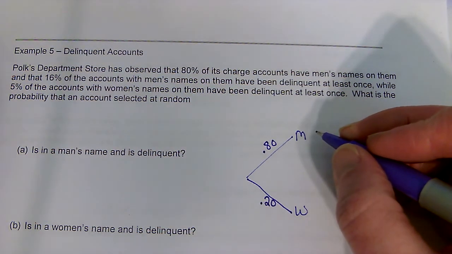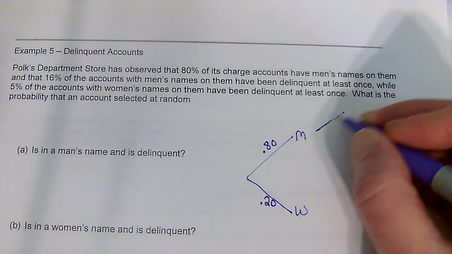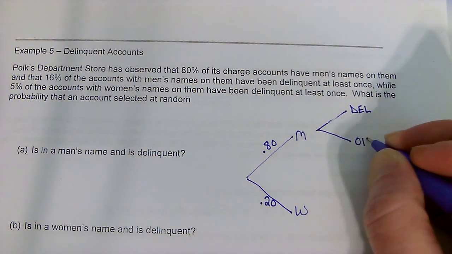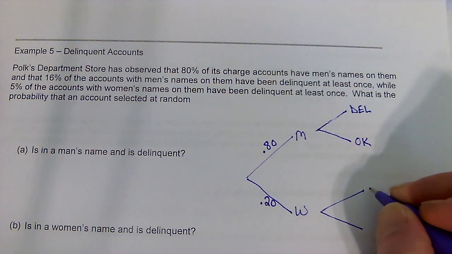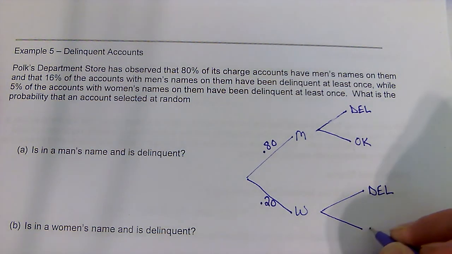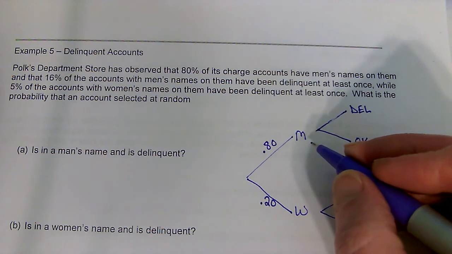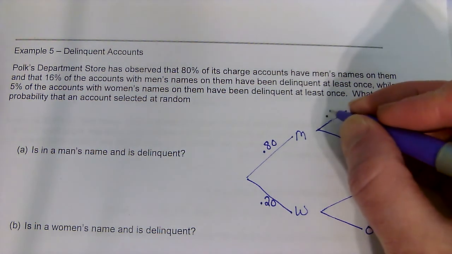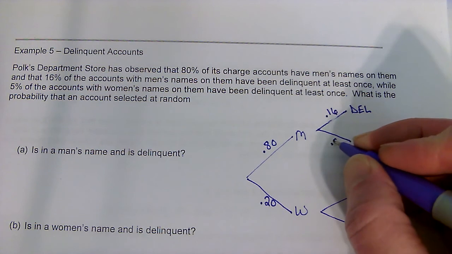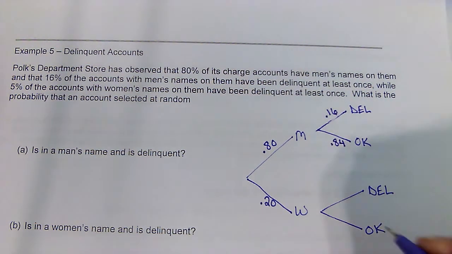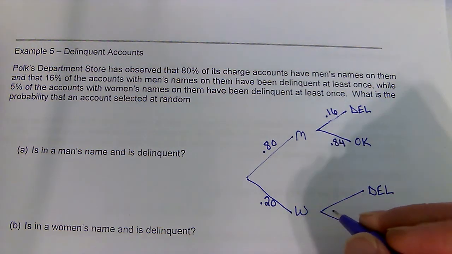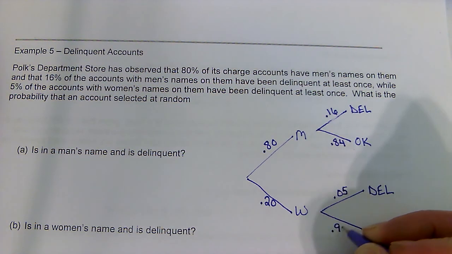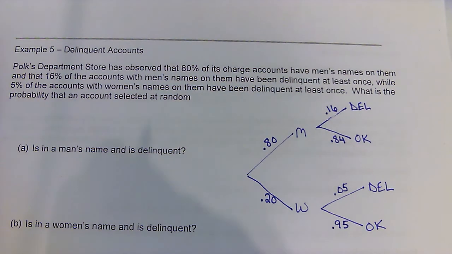Then we're looking at whether it's delinquent or not. So let's call this delinquent or okay. Delinquent or okay. If we know it's a man, what's the percentage of men that are delinquent? Well, that's 16%. So 84% would be okay. What about the women? So it says 5% are delinquent. So that means 95% are okay.